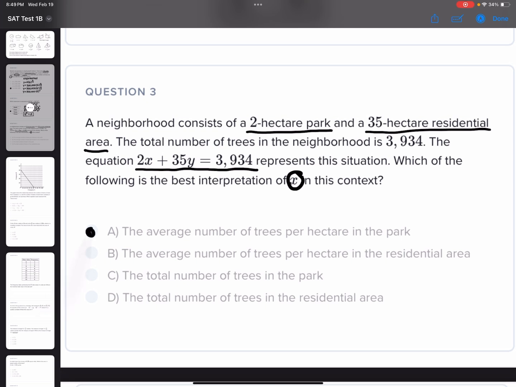So therefore, our answer would be A. Common misconception on C, just be very careful about that and use my logic. If it was the total number of trees in the park, why are we multiplying by 2? We would have to deal with the average number, because when we multiply it by 2, we would get the actual true value of the total park, which is why we're adding it. All right?